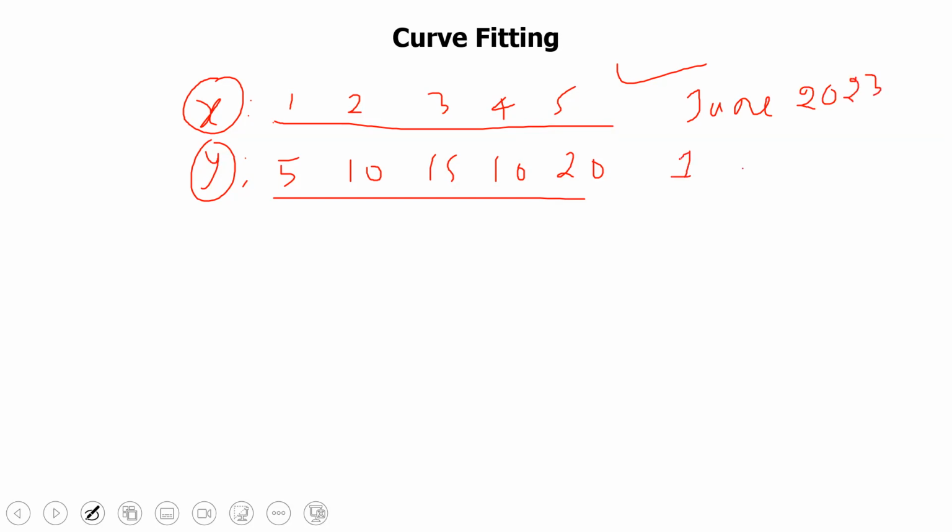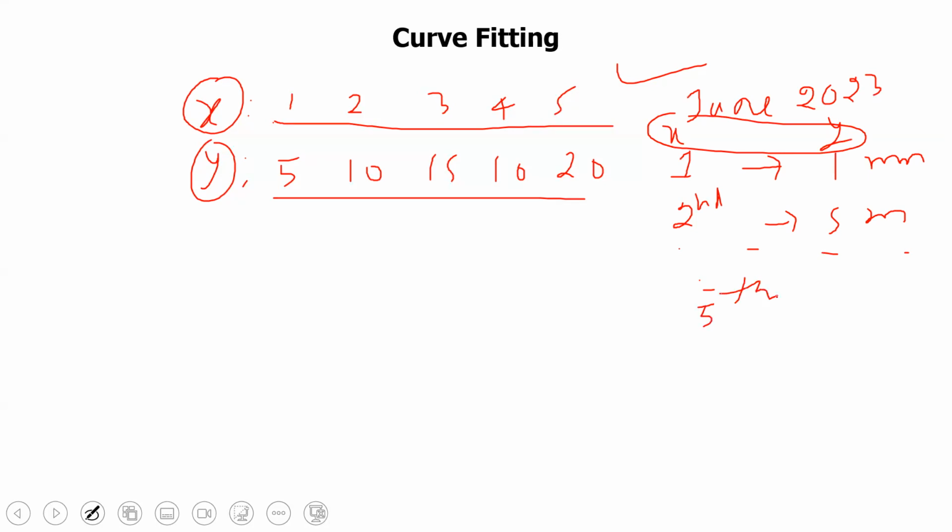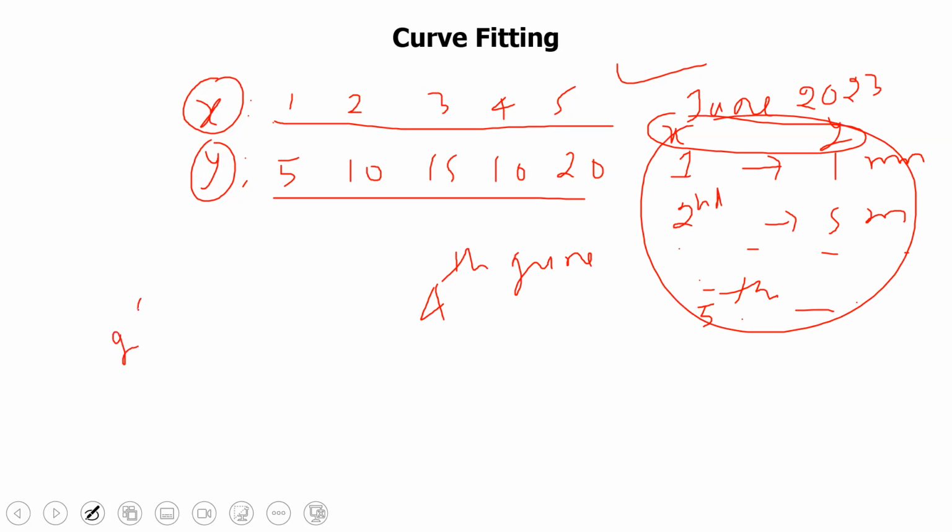Suppose on the first day there is 1 millimeter. On the 2nd June, another 5 millimeters. So in this manner, this is X and this is Y. Based on this data, suppose today is the 4th June, and based on this data, up to 5 data points, we want to say what will be the rainfall on 25th of June.